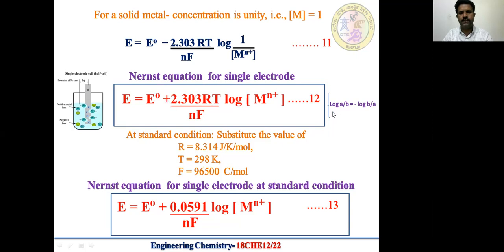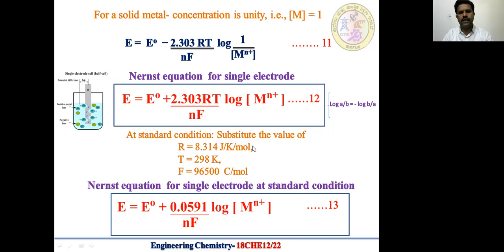Because we know that log A by B is equal to minus log B by A. Here I have interchanged the numerator and denominator, hence the sign also changed. So this is the Nernst equation for a single electrode under normal conditions.